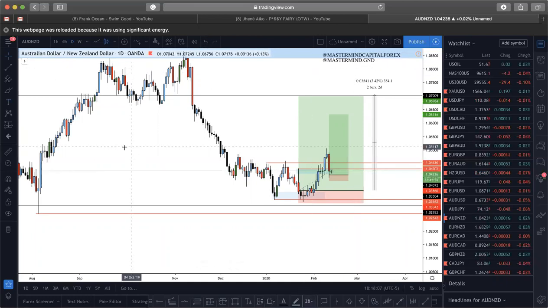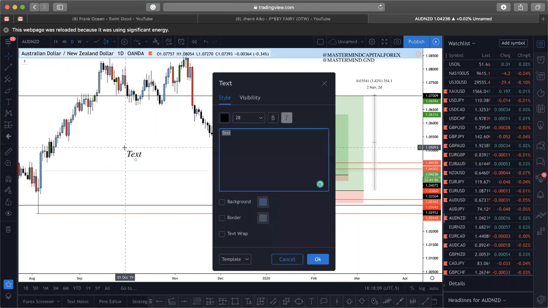So again, today's topic, market structure again. Trend reversal icon.